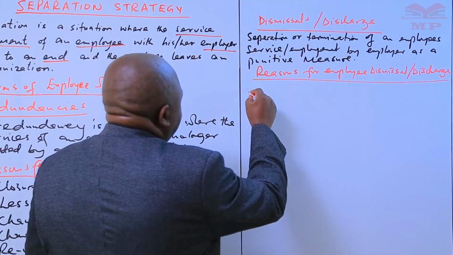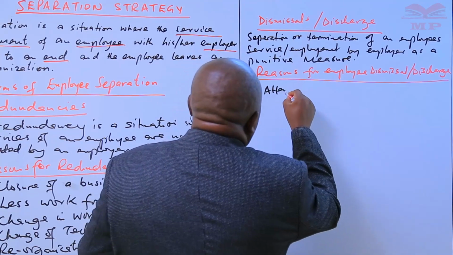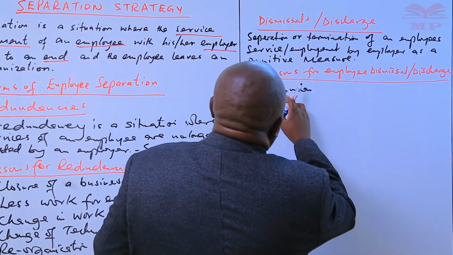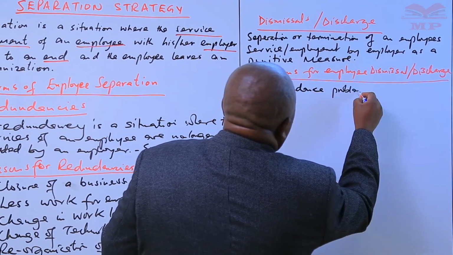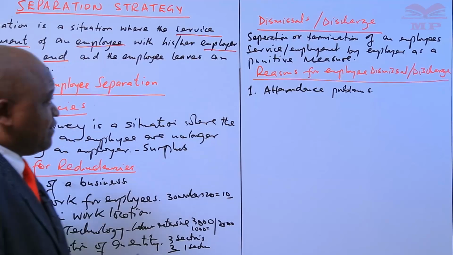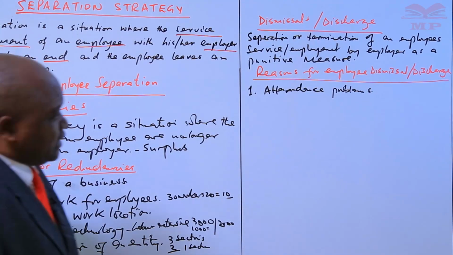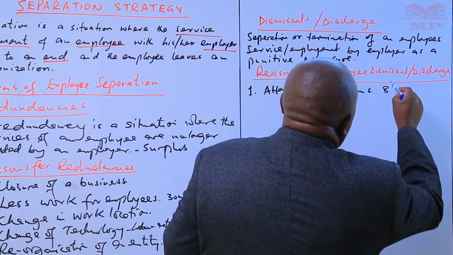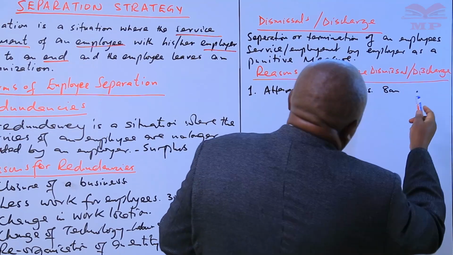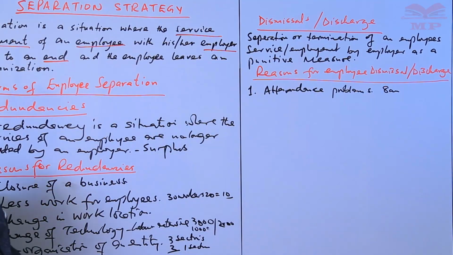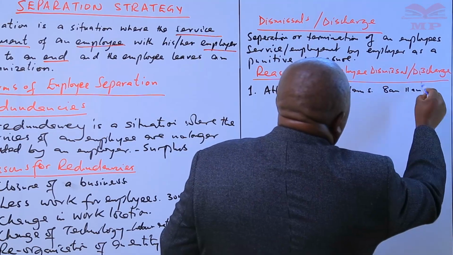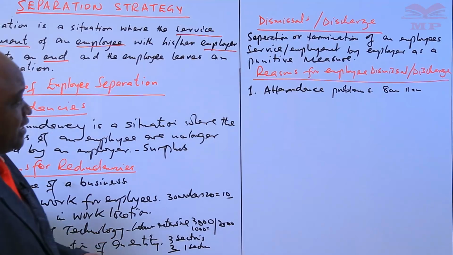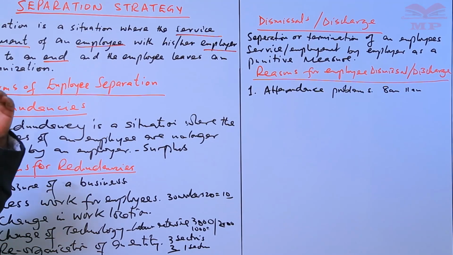So one, attendance problems. An employee is expected, for example, to come to the workplace at 8 in the morning, and this employee, on a continuous basis, comes to the workplace at, let's say, 11 a.m. And despite efforts, the employee does not improve. So this could lead to a dismissal of that kind of employee.